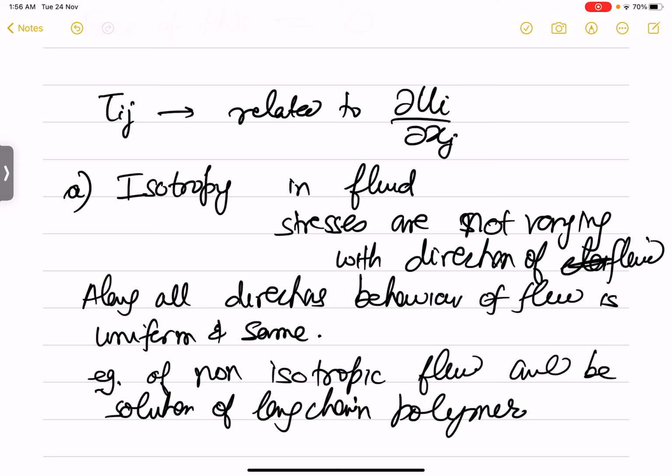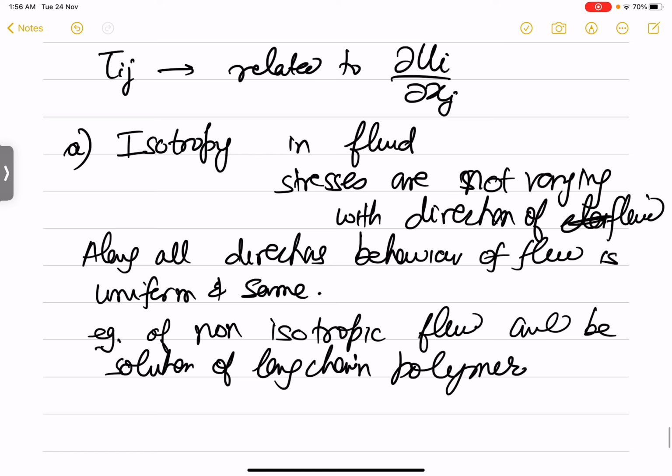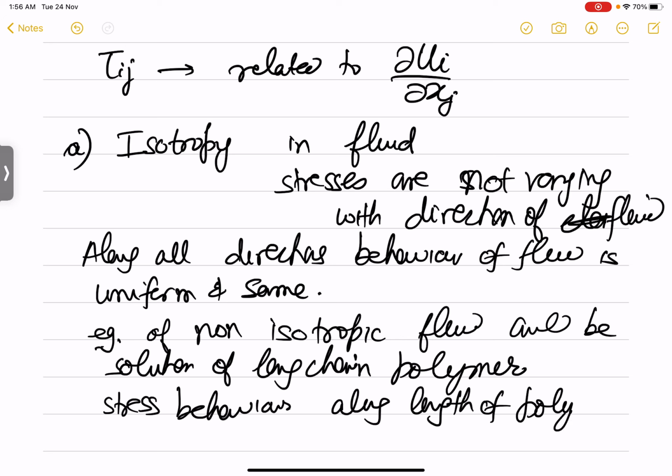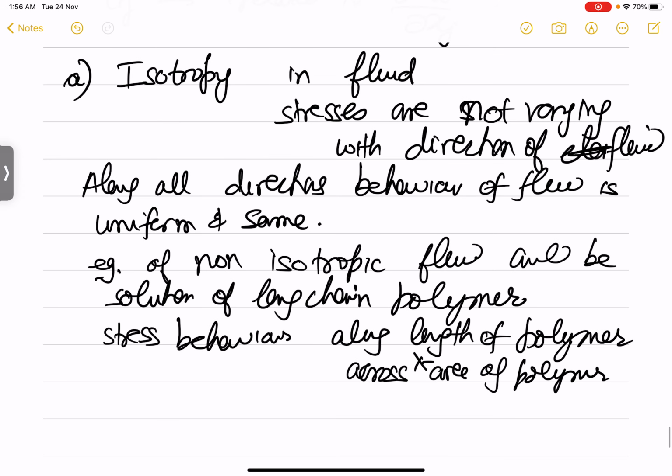So if there are long polymer type of things in the fluid, then the stress behavior along the length of the polymer and across the length of the polymer, across the cross-sectional area of the polymer, these can be different. So such a fluid would not be isotropic.